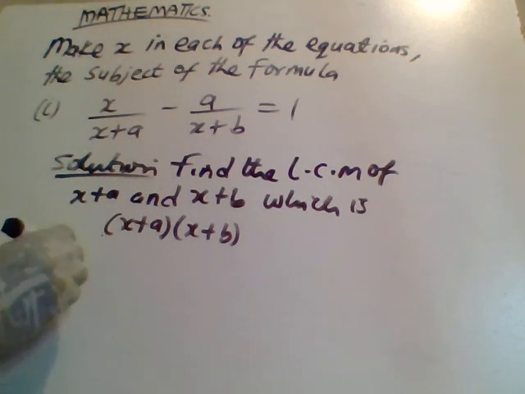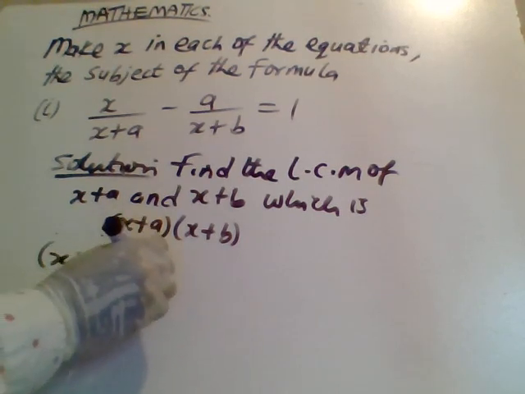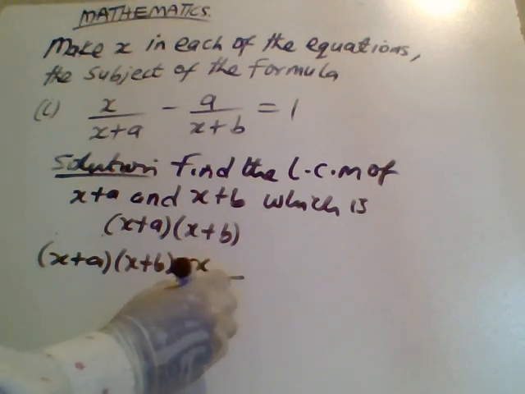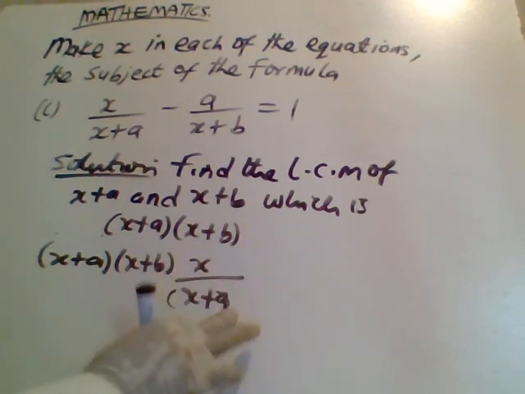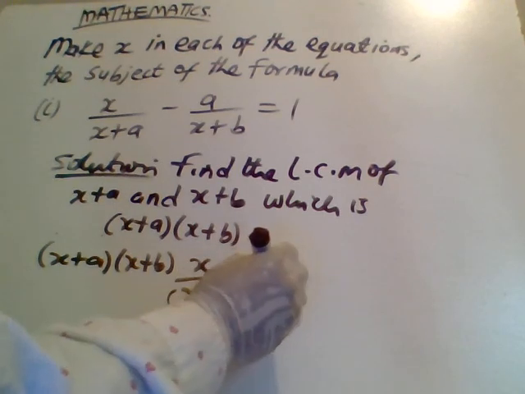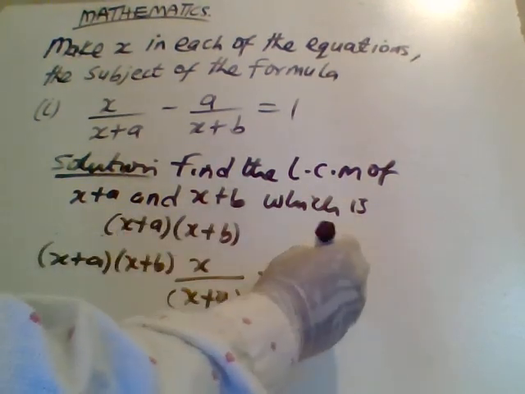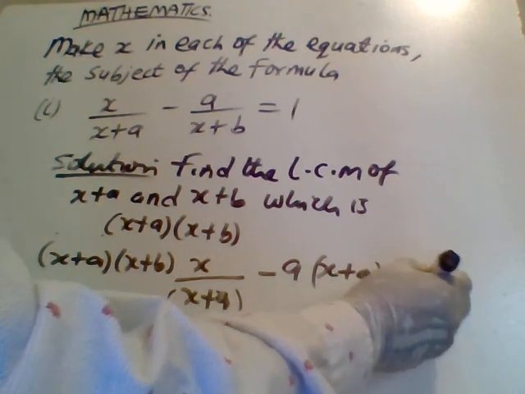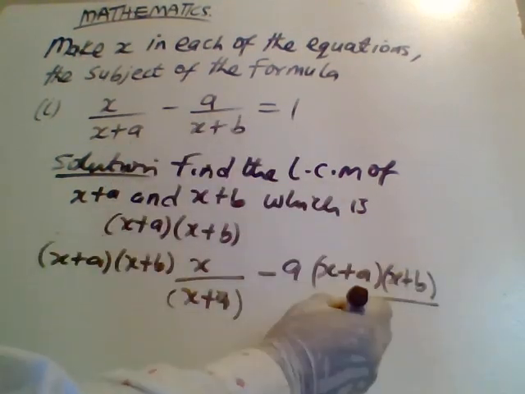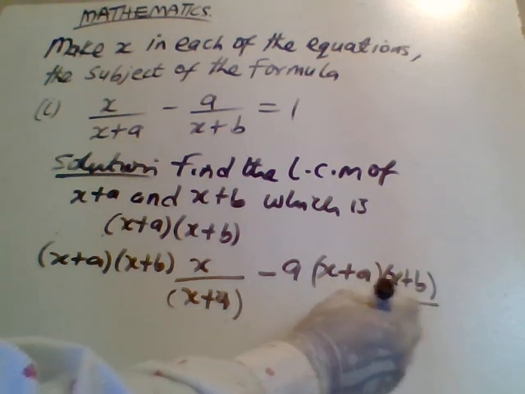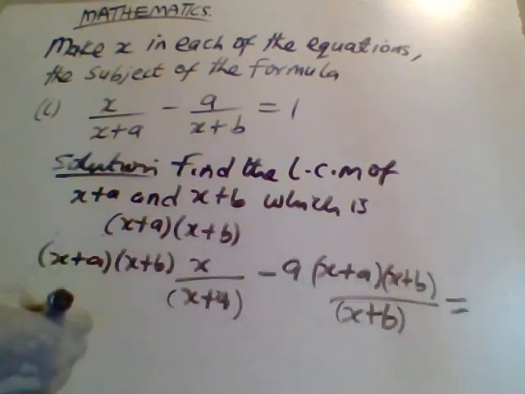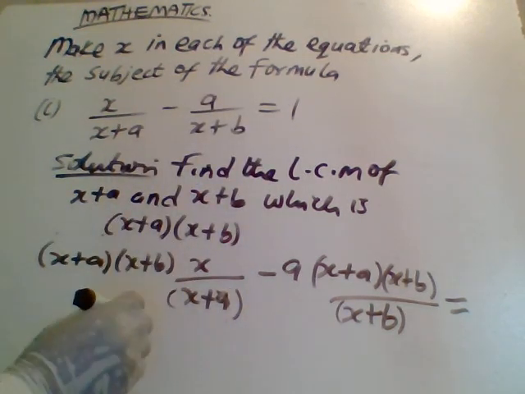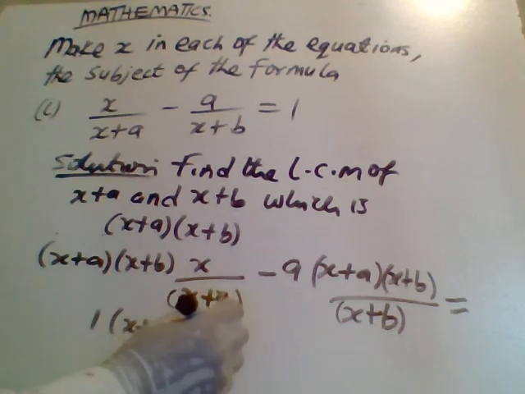In that case, you have s plus a, s plus b, multiplying x over s plus a, minus a, times s plus a, s plus b, divided by s plus b, is equal to 1 multiplying by s plus a, s plus b.